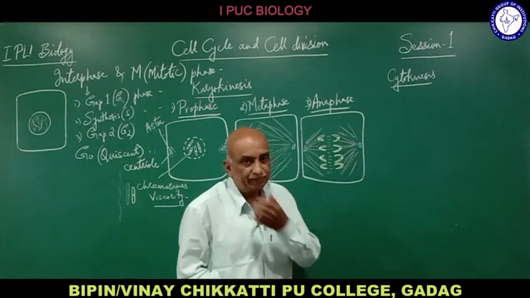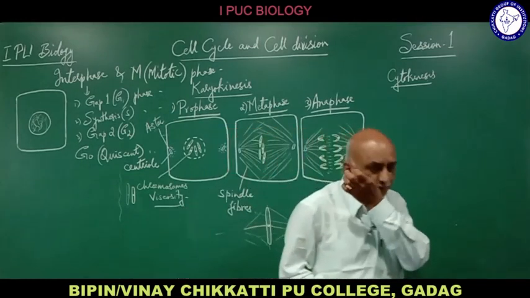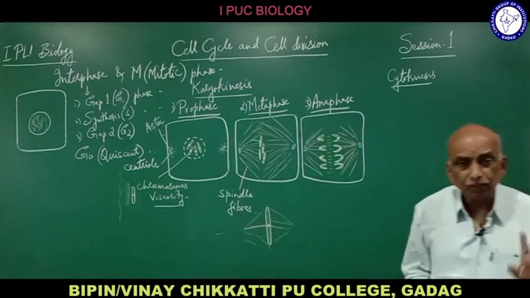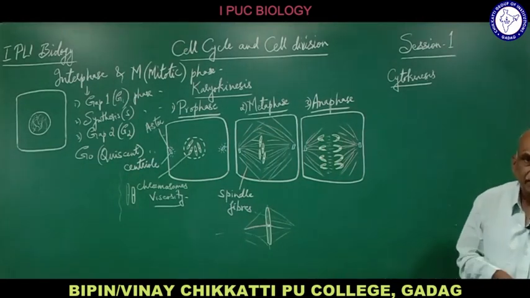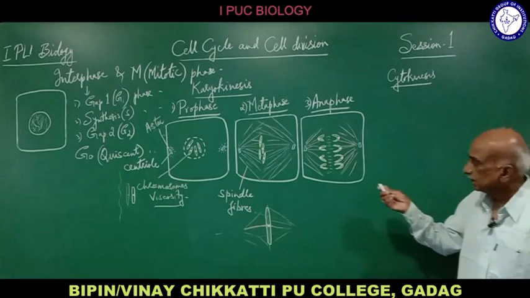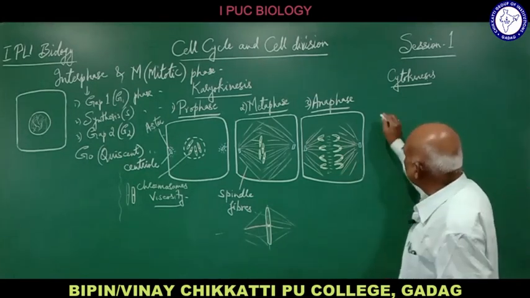So in anaphase there are two groups with an equal number of V or J shaped chromosomes moving towards the polar ends, and in between we find the interzonal fibers.